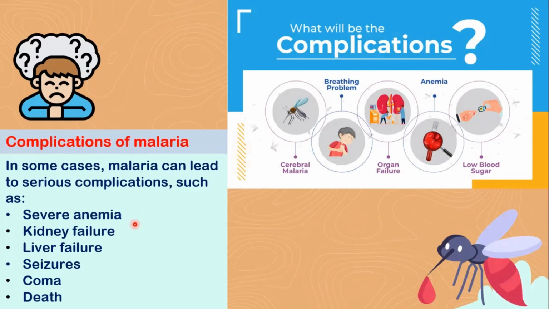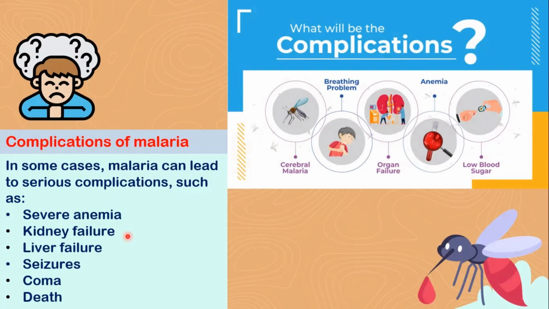The second one is kidney failure. Malaria can damage the kidneys, which can lead to kidney failure. Kidney failure is a condition where the kidneys can no longer filter waste products from the blood. We learned in primary school that the primary function of the kidneys is to filter waste products from the blood.